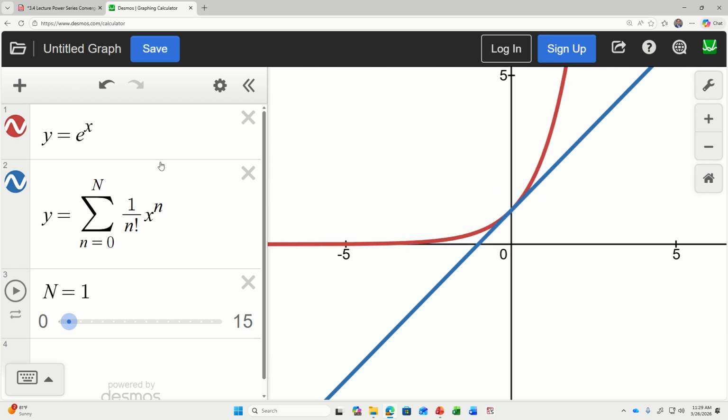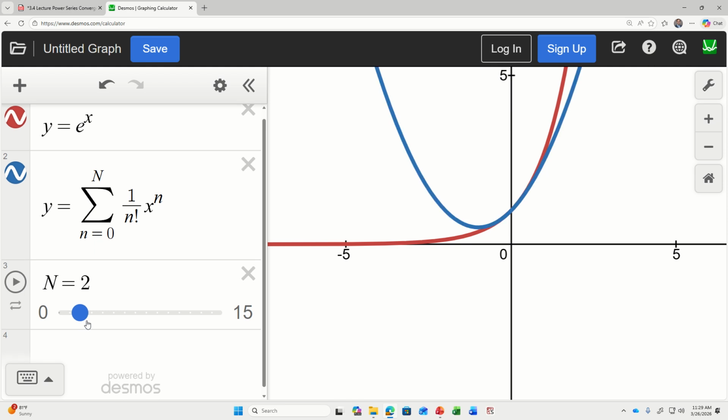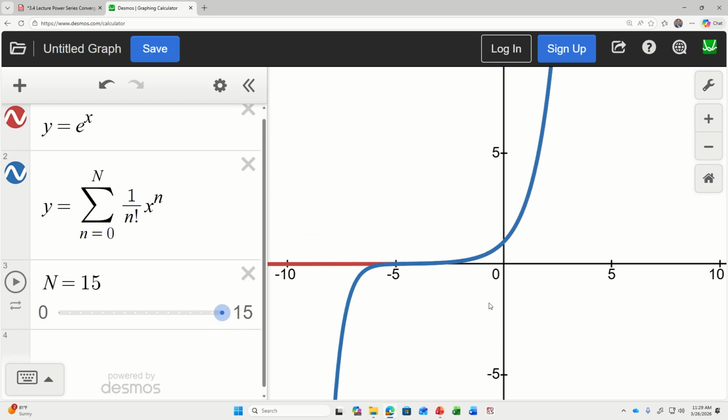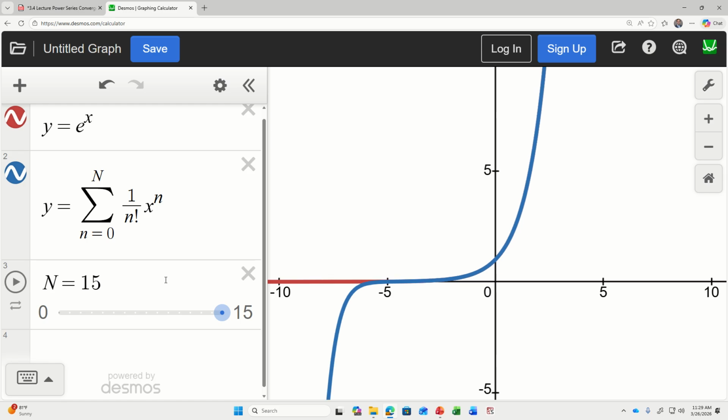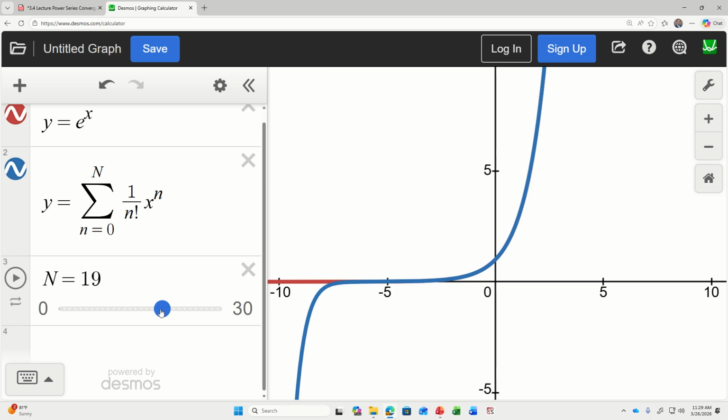In blue, that's partial sums of my Taylor series. So the Taylor polynomial of degree 1. And then as I increase the degree of the Taylor polynomial, right, increase the number of terms I'm adding up in my Taylor series, you can see that it's matching closer and closer to the function over a larger interval. And if I let this become really large, you can kind of tell that in the limit as n approaches infinity, I'm going to get exactly the right function back.